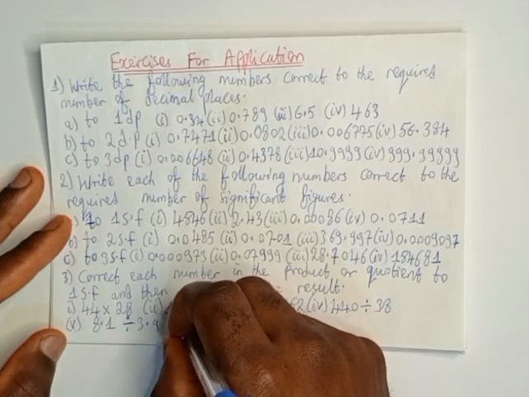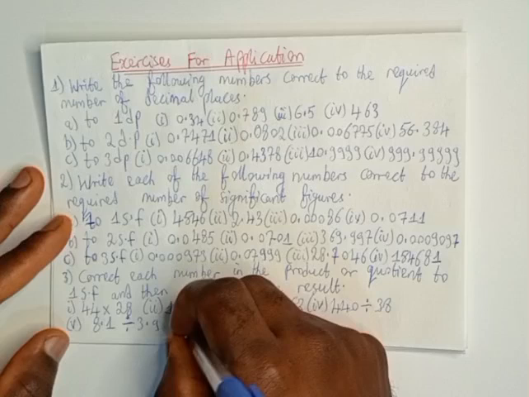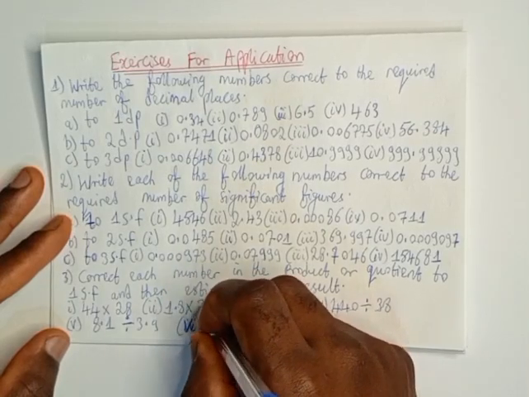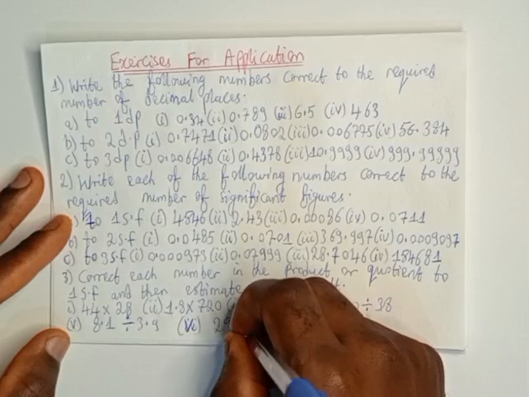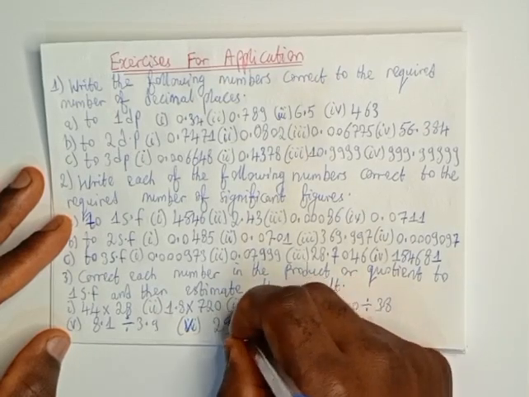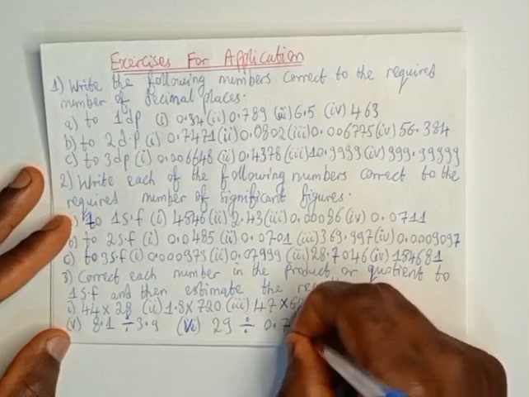And lastly, for 6, VI, we have 29 divided by 0.72.